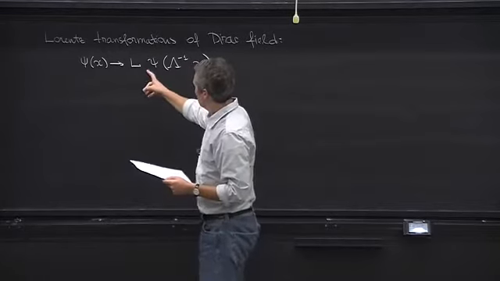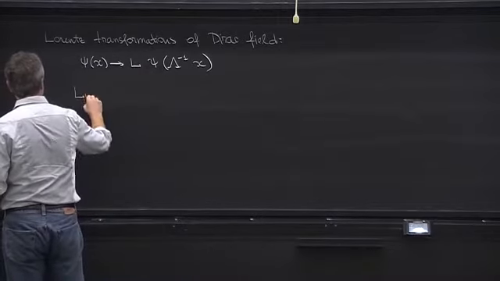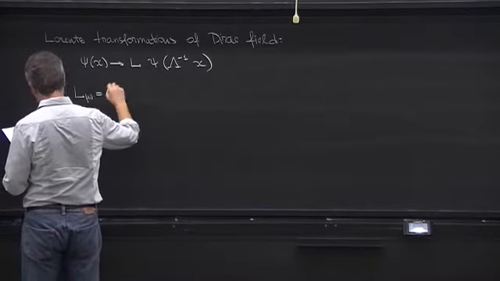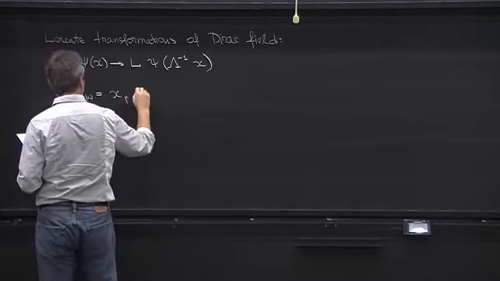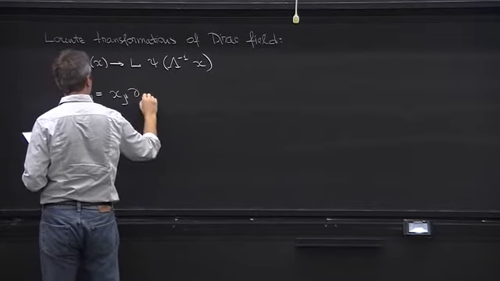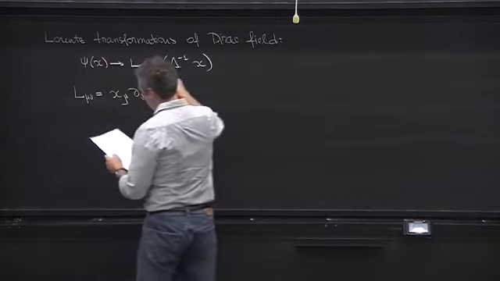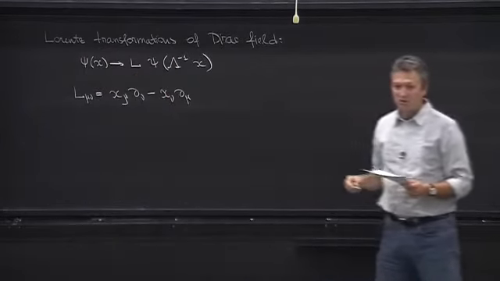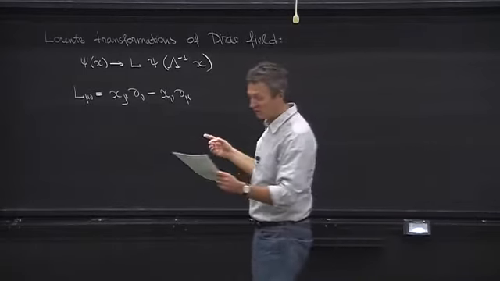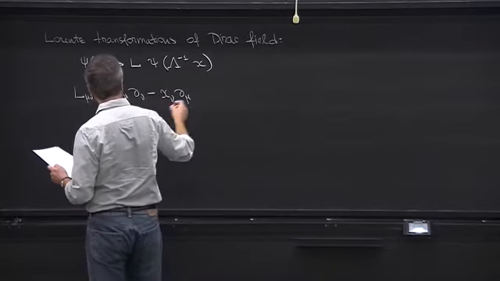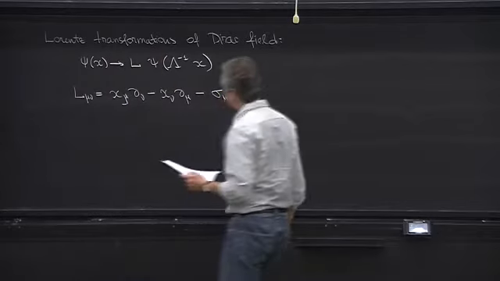If we then expand it to linear order in omega, there will be the part coming from the expansion of the argument, and that will be the same as in the case of the scalar field. And then there will be an additional term coming from L. The part in L that was linear in omega was proportional to sigma. And so the sigma will make its appearance in this equation.